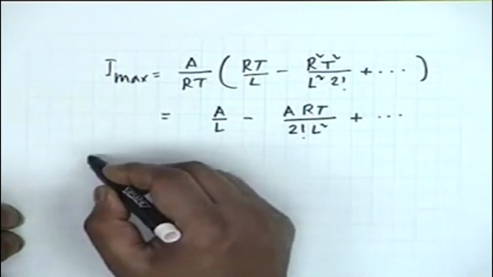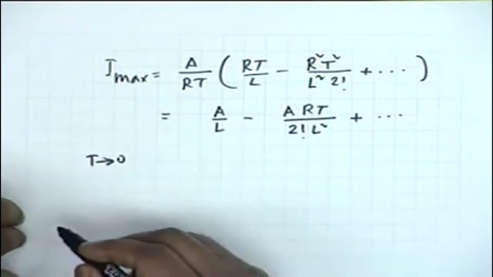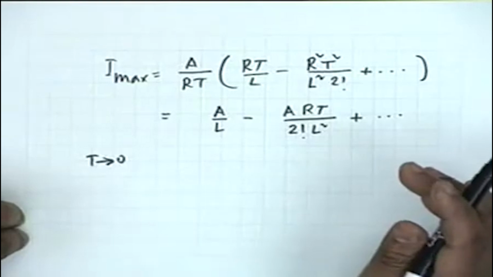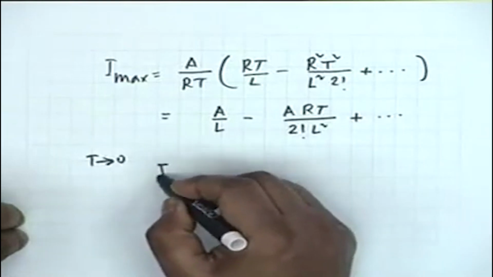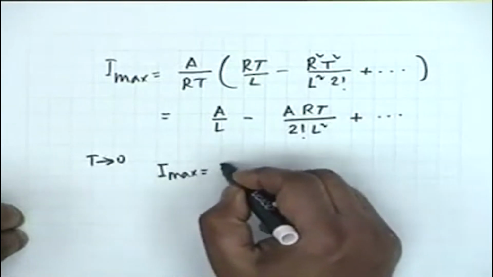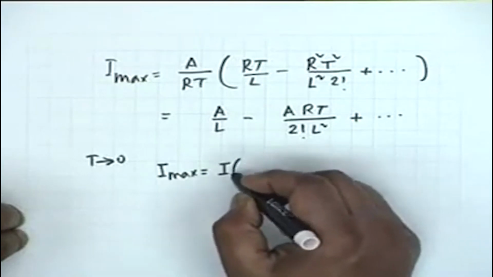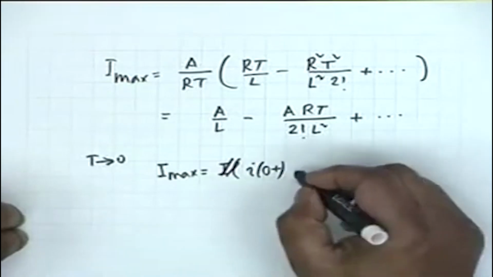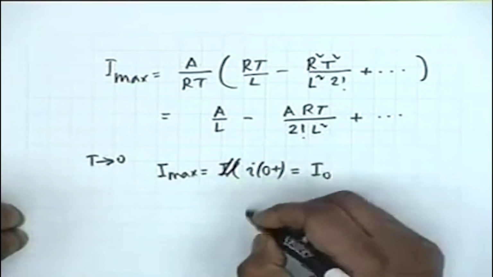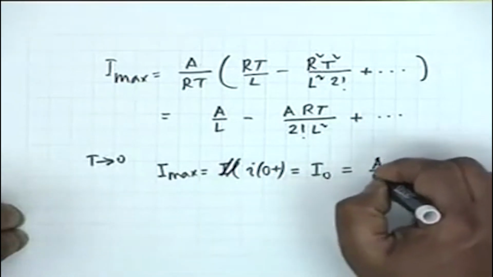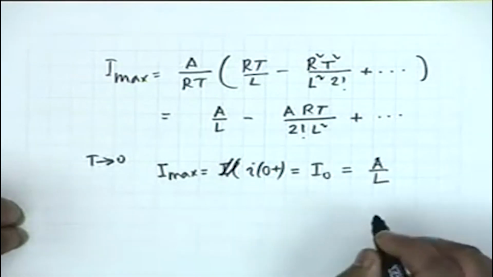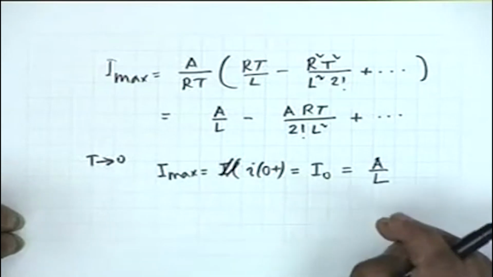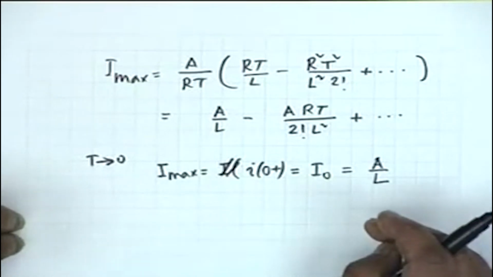And you see that when capital T goes to 0, the first term is unaffected, all others become 0, and therefore I max, which I shall call small I of 0 plus, which is equal to, let us say, I0, is given by simply A by L. And this is what was obtained earlier on the basis of the property of a delta function.